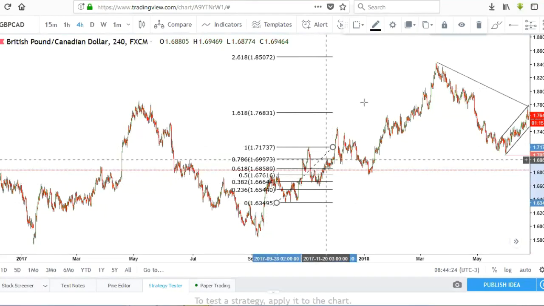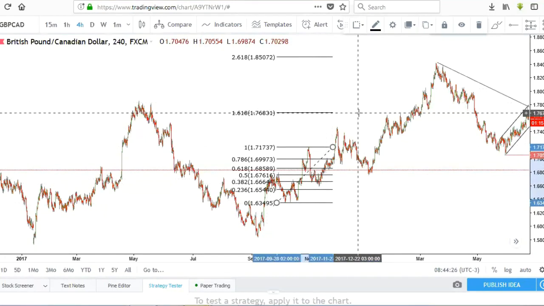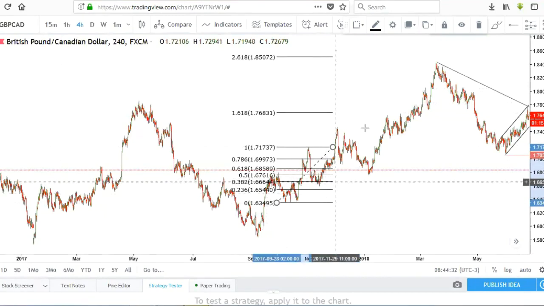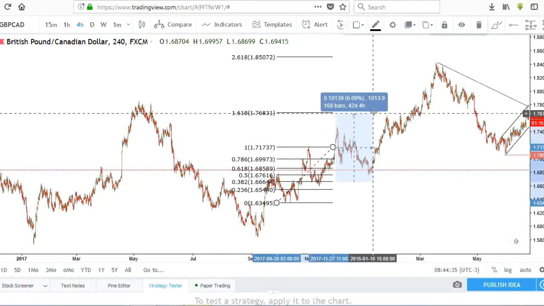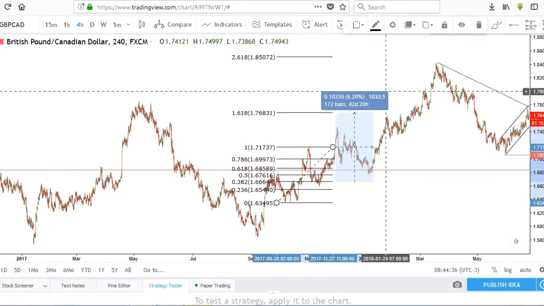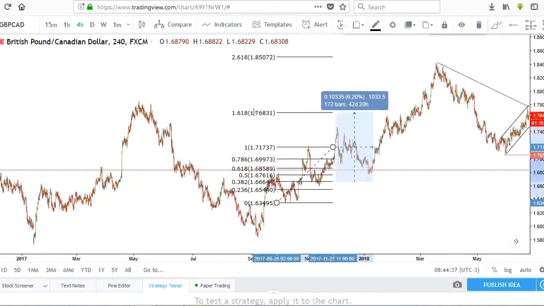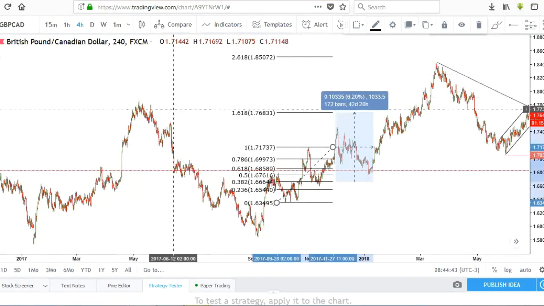And then our target here was hit. Let's see how many pips were given to us. From here all the way up to here, 1,033 pips. Can you see that? That's the going long example of calculating your profits.